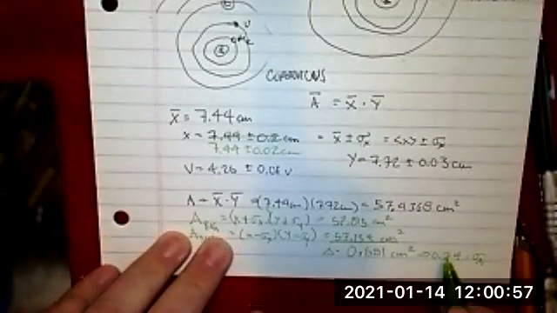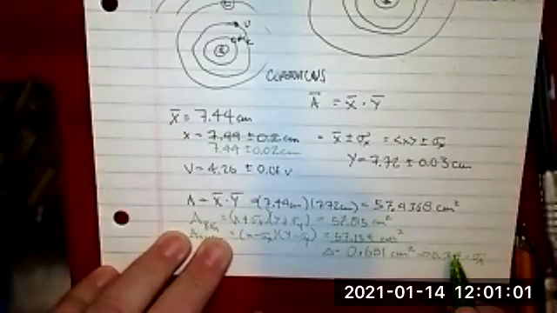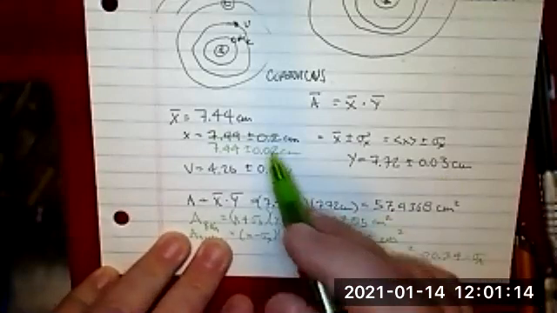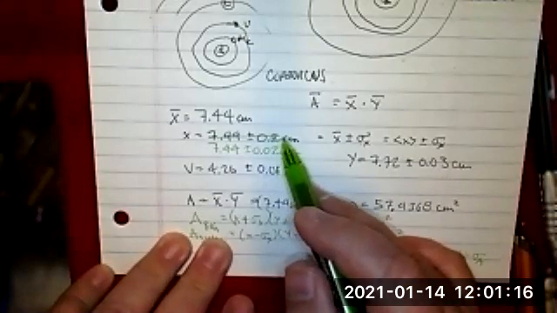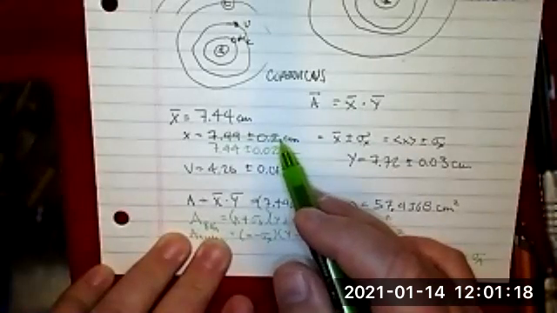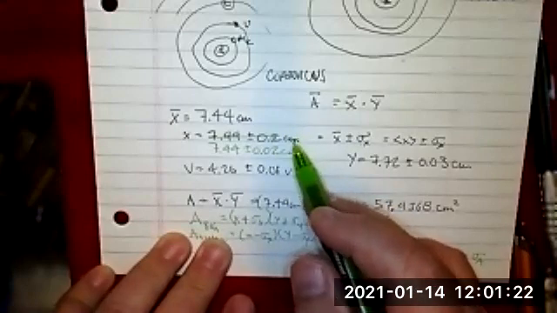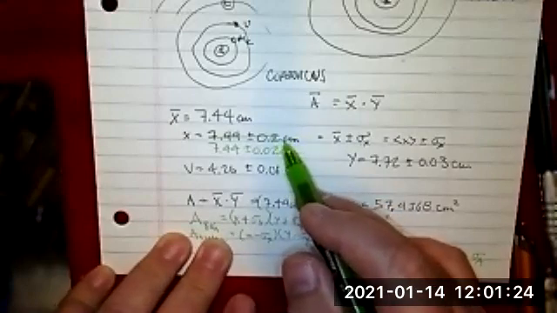And usually if I'm claiming that I don't know whether this is a 3.0, a 3.4, or a 3.5 or a 3.3, then I probably shouldn't be reporting this 4 at all, should I? In fact, that's a rule. You should never have more than one digit uncertainty. In other words, unless this thing is 1.01, then 0.017 might be meaningful because that 7 is such a large fraction of the 1, and you'd call it plus or minus 0.017.